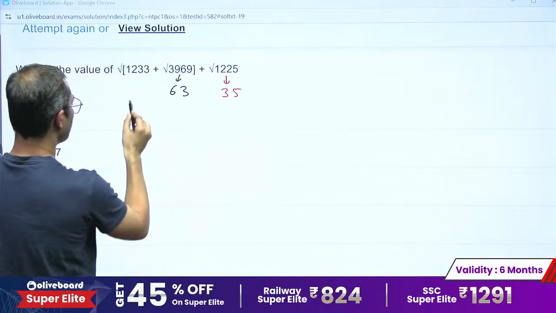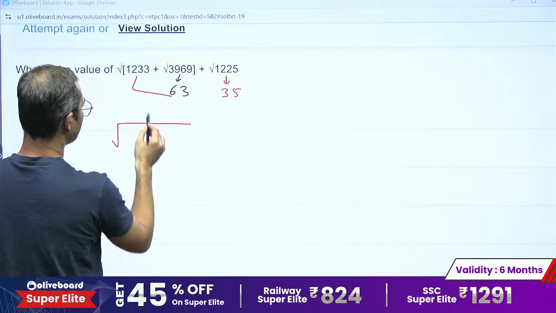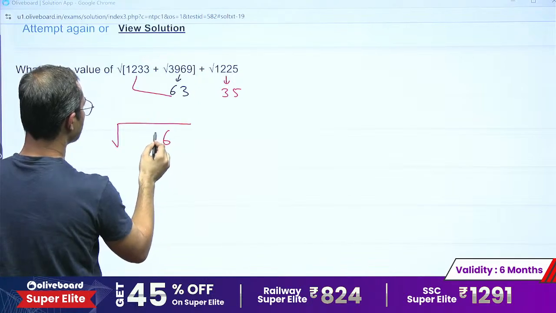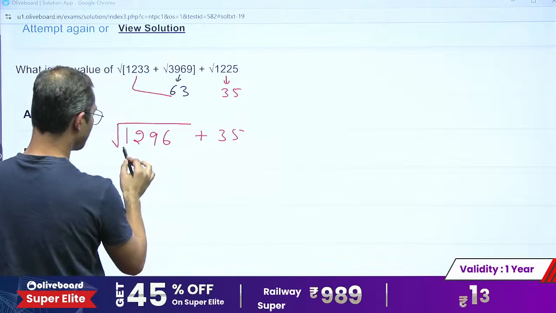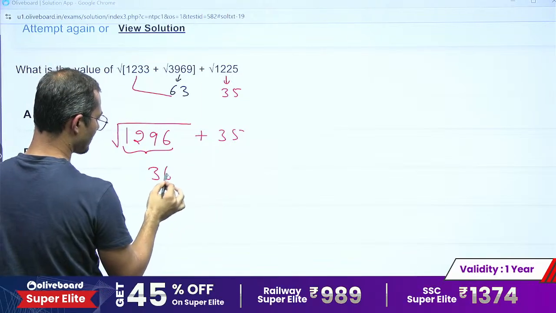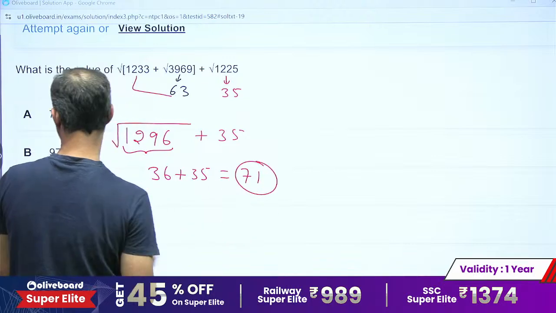Just adding these, how much will we get? 63 plus 35 is the square root of 36. 36 plus 35, so we can say that 71 is the right answer.